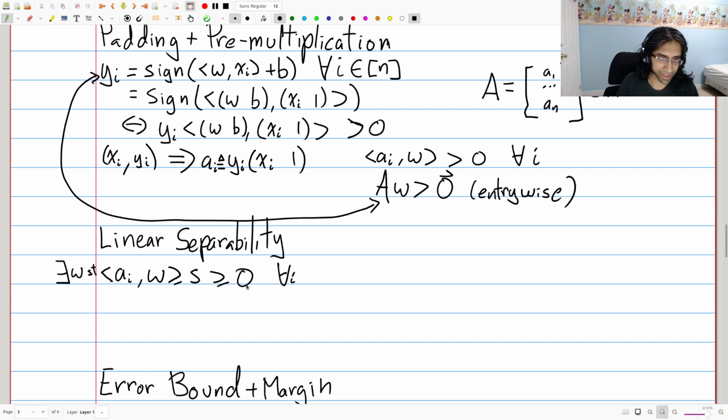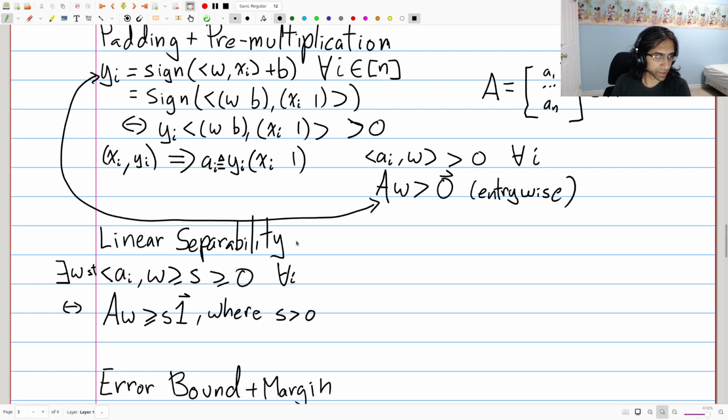And a way to write this, if you prefer the matrix notation, is equivalently that A times W is greater than or equal to S times the 1 vector, where S is greater than 0, so S is some constant. If this is not the case, then we say that the data is not linearly separable, or linearly inseparable. And let me just make it clear that S has to be greater than 0.